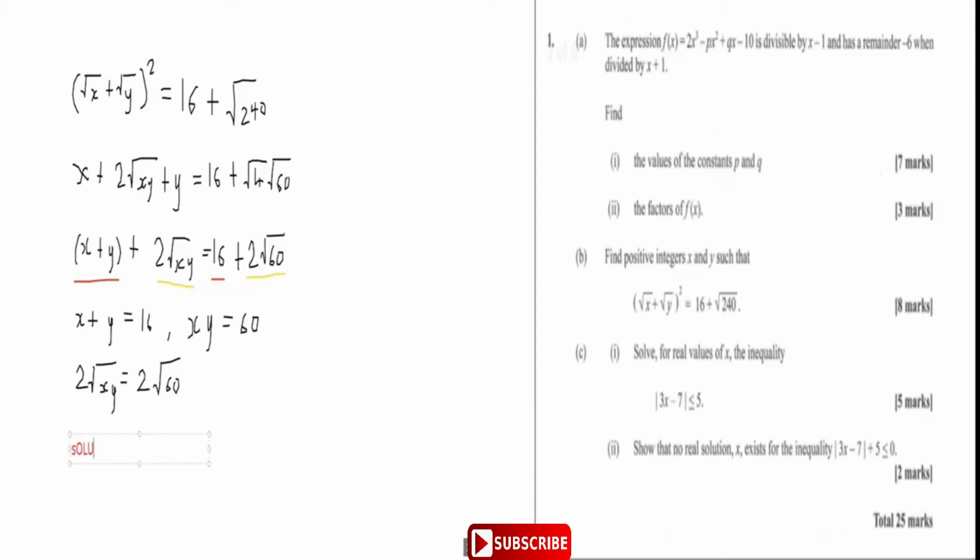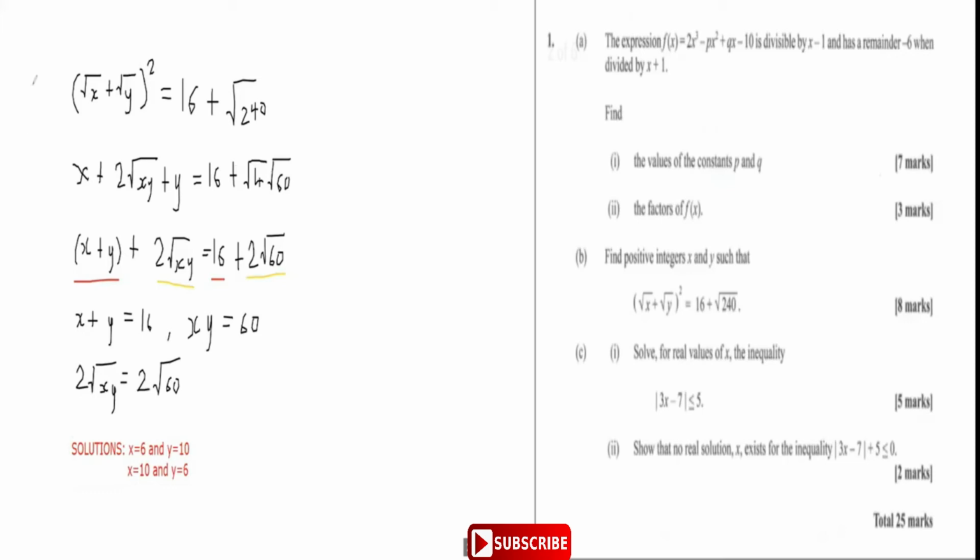The solutions are going to be x is equal to 6 and y is equal to 10. That's one possibility. Or the next solution is x equal to 10 and y equal to 6. Too easy. And that takes care of part B.